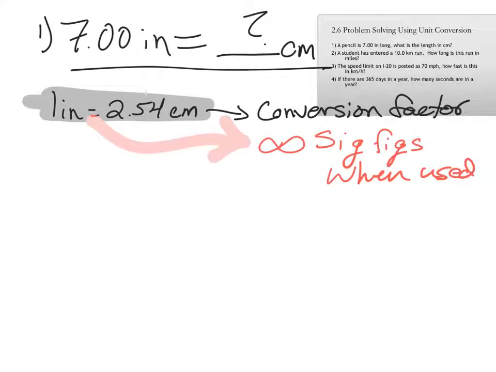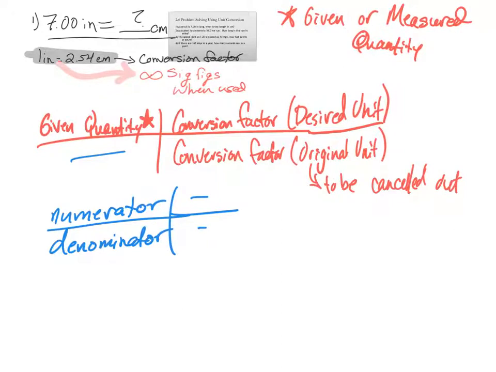All right, so now we can actually go ahead and start the problem. And I like to use this box method where I am always going to write what is given in what would be the top left corner of the box. So as you can see, I've written here how it would look, but I write the given quantity in the top left corner of this box.